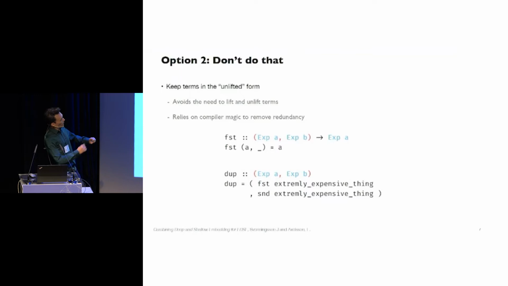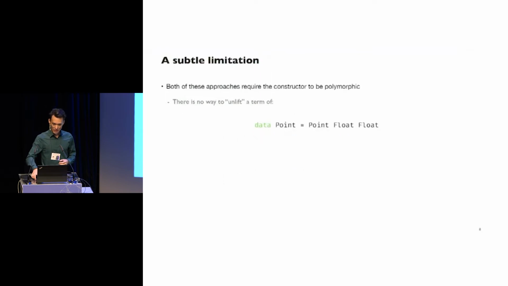And, you know, that's not always possible, right? So, and even if you do that, there's also a subtle limitation with both of these approaches in that it only works for polymorphic containers, right? It works for pair because I can have an expression of pairs, but also a pair where each of the components is an expression, right?